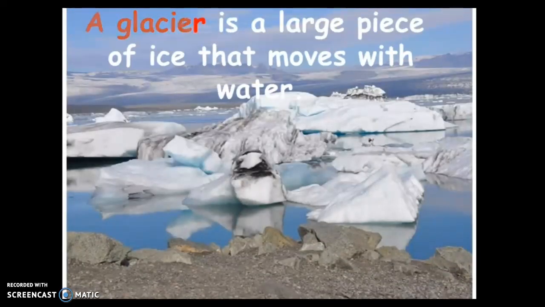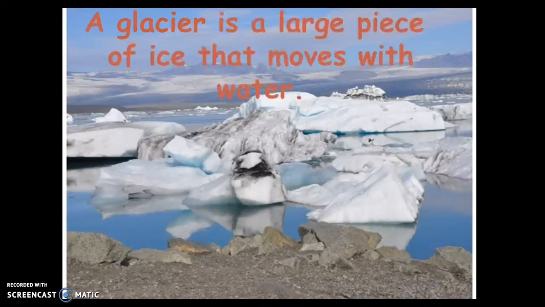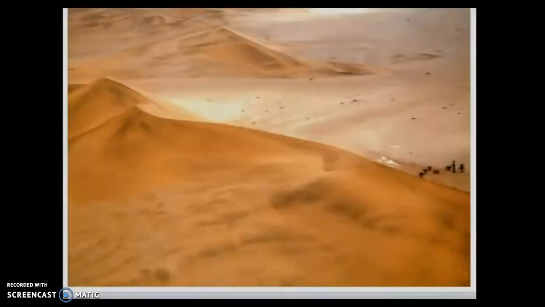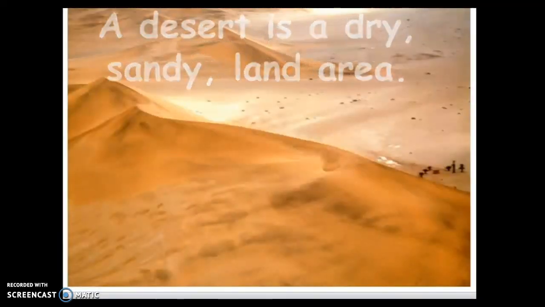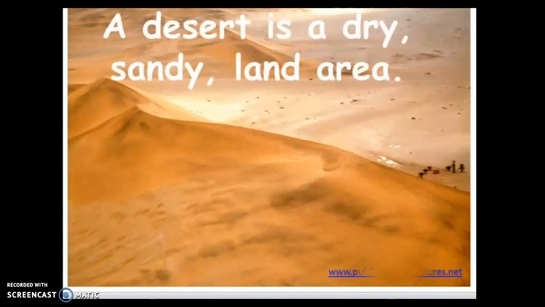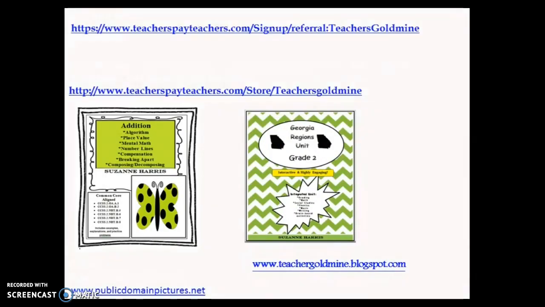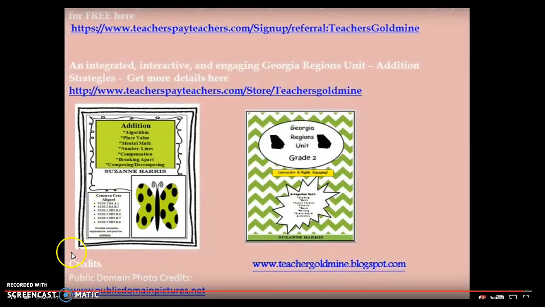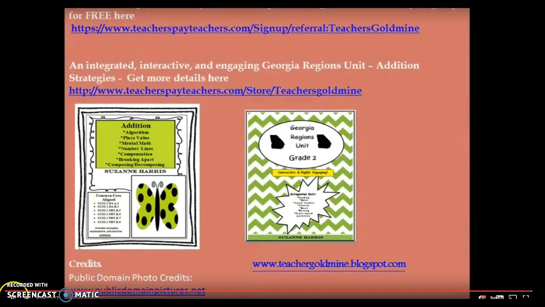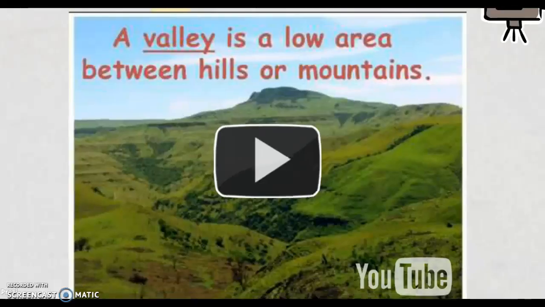A glacier is a large piece of ice that moves with the water. A desert is a dry, sandy land area. That completes our video on landforms. Let's get back to our presentation.